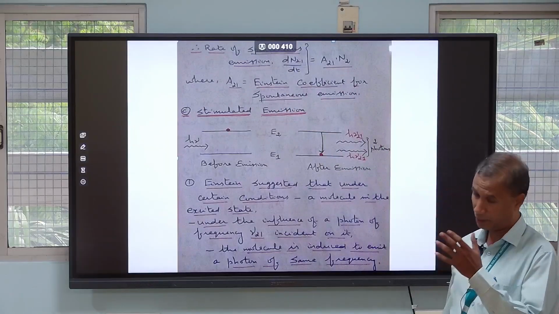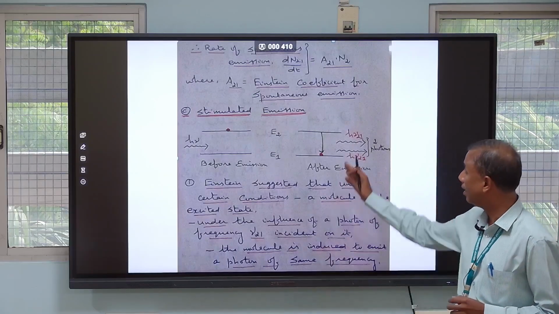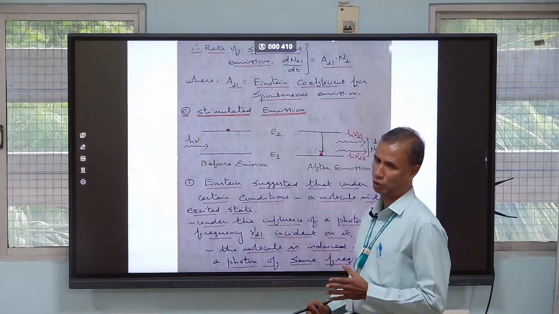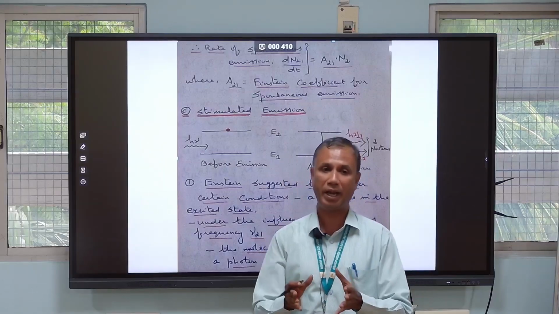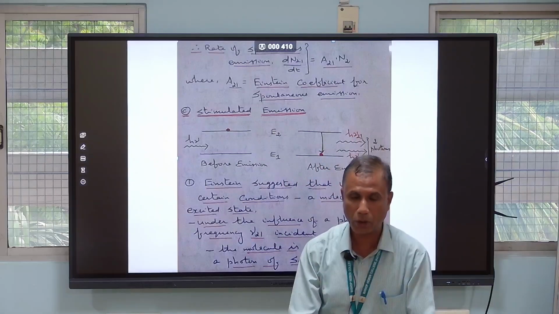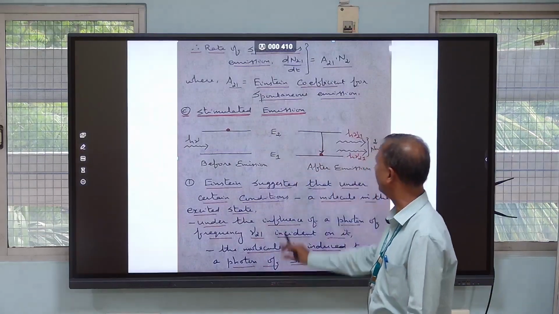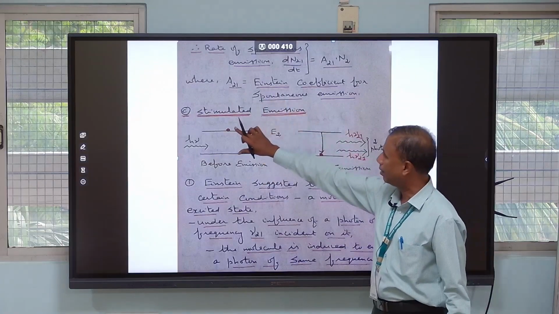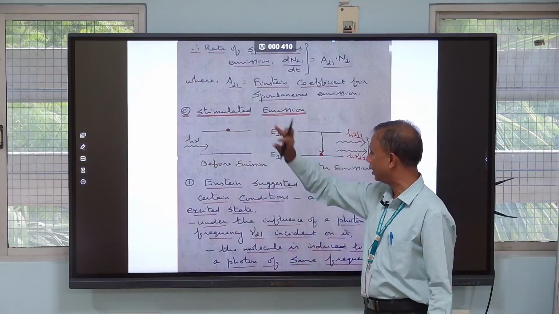Now the third one, a very important one, is stimulated emission. What is stimulated emission? We give additional energy to make the molecule come down to the ground state. Already you excited a molecule or system, and it is in the excited state.